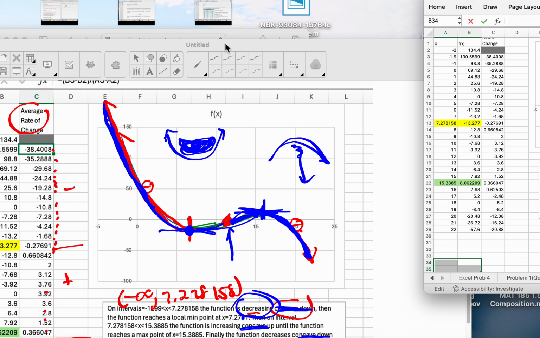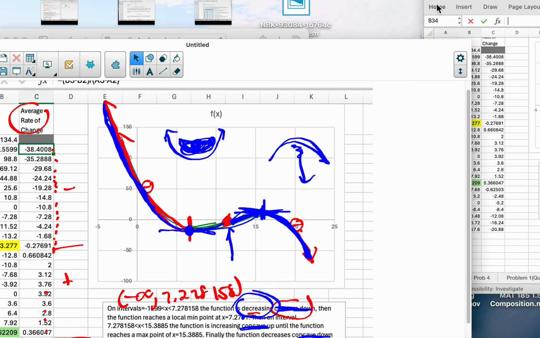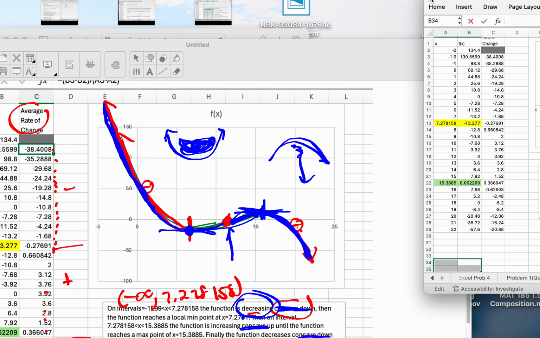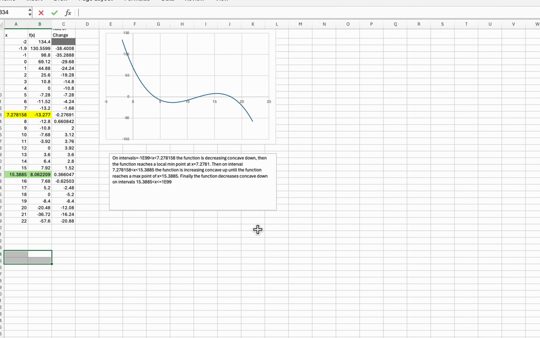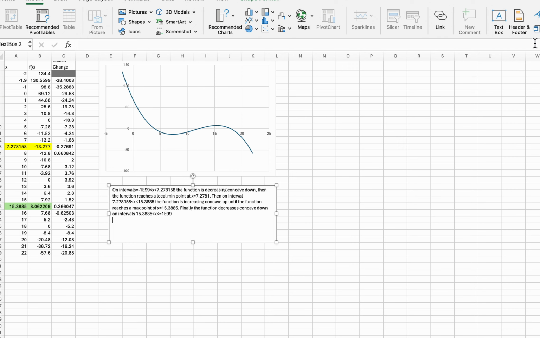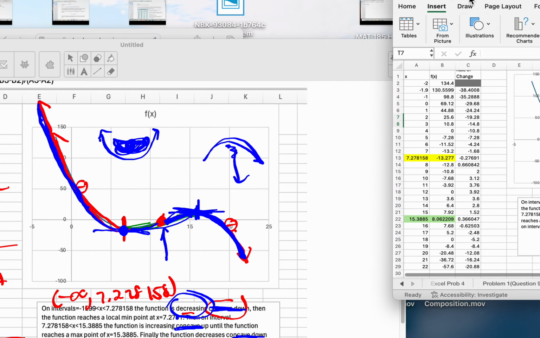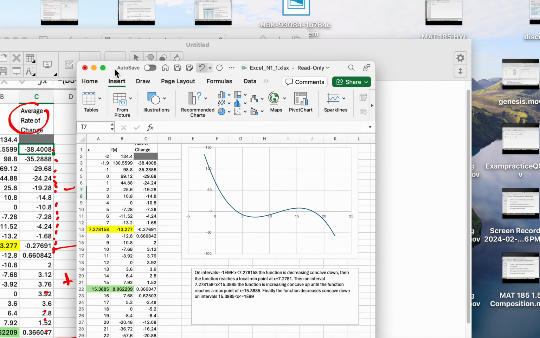Let me try to pull this screen over. So when we're in Excel, if I go up here to insert, there's this insert menu in Excel, and for some reason it's not letting me. Oh, here we go.